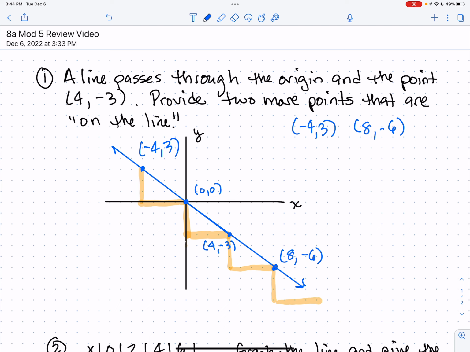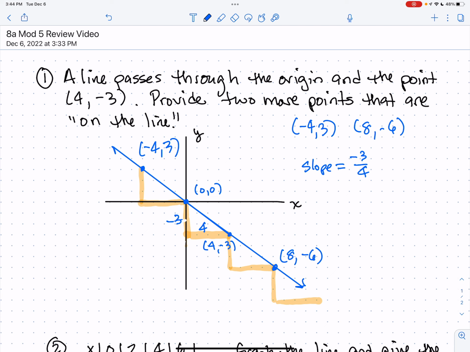Here's another way to do it. I can figure out the slope of the line. Well, I already know that the rise is -3, and the run is 4, and so slope equals rise, which is -3, over run, which is 4, which is -3/4, right? So that means for every 4 I go over, I go down 3.